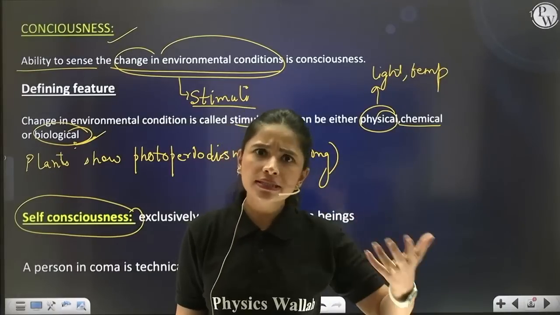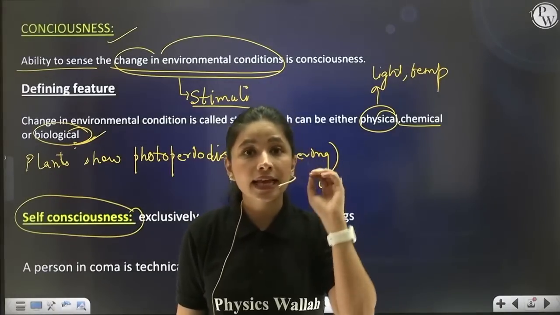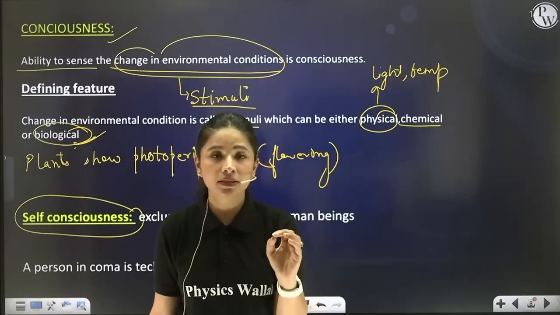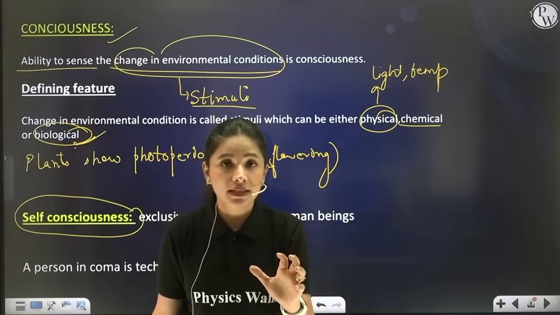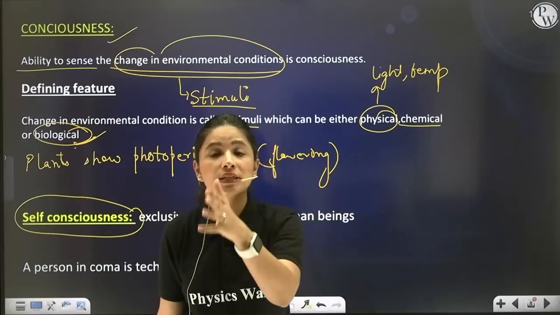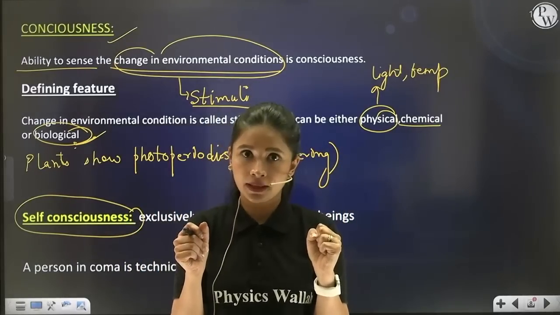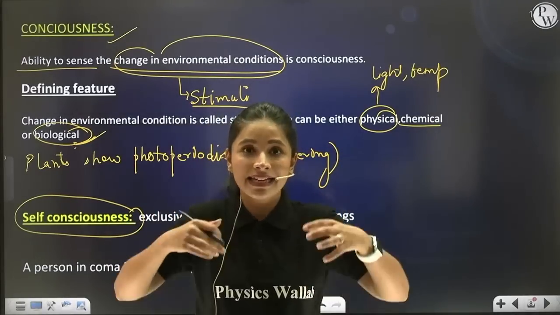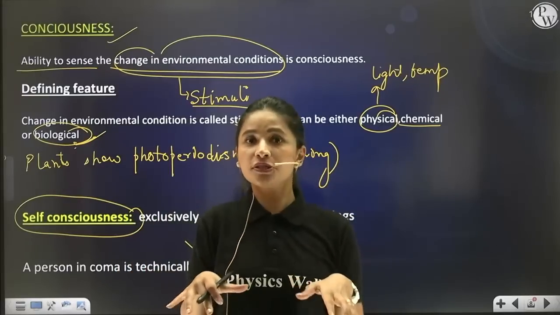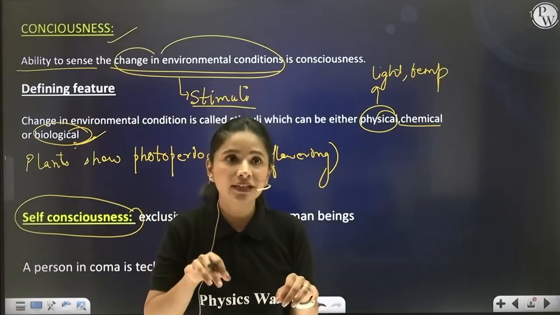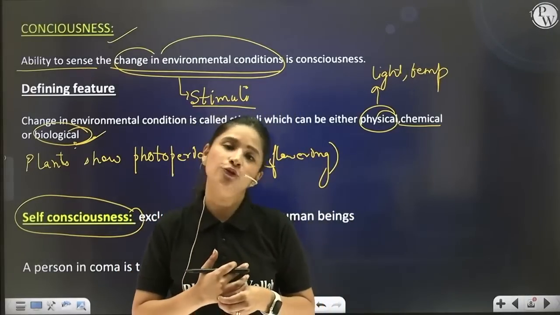Then, what is self-consciousness? Self-consciousness simply means the ability to sense what is good and what is bad. अच्छा क्या है, बुरा क्या है. And this self-consciousness behavior is only exhibited by humans.